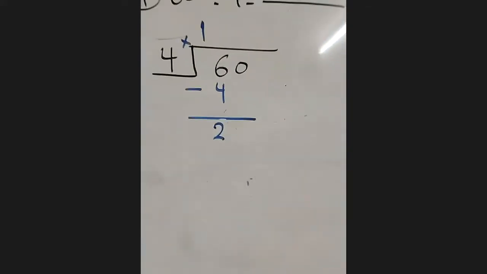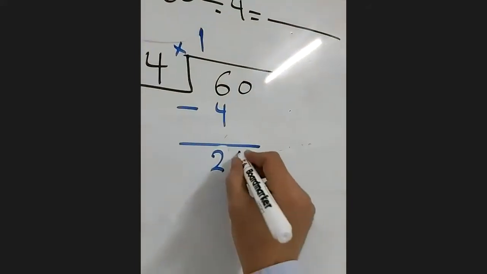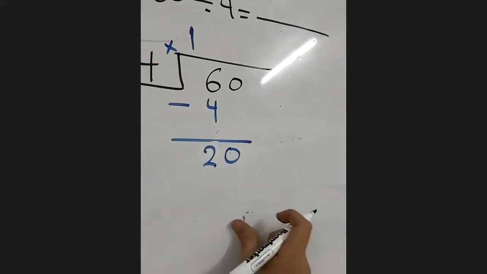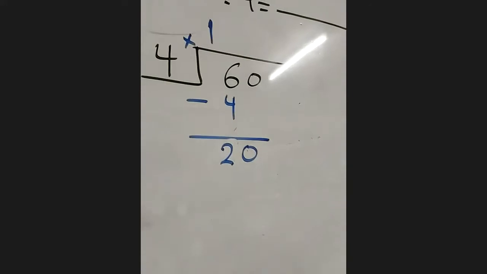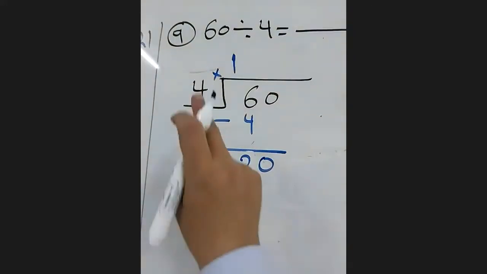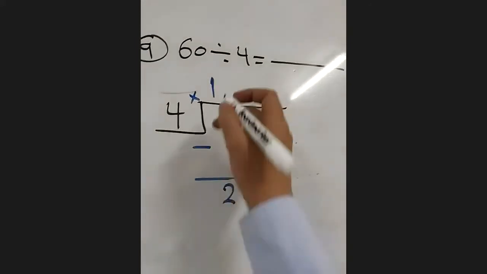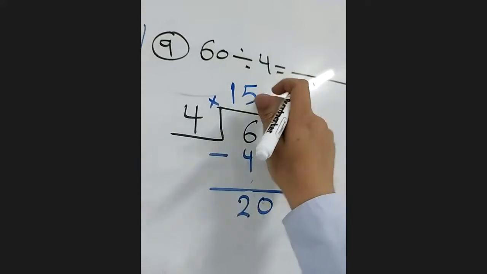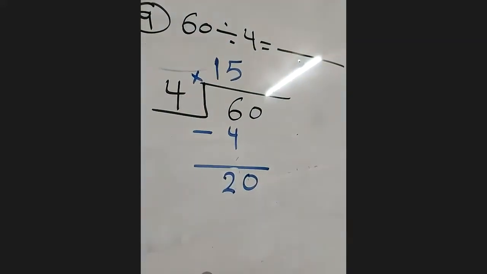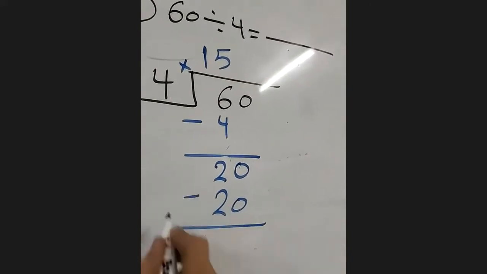Next, what do I need to do, Kinan? Bring the 0 down. Now, what's the new number we have here? 20. 20 divided by 4. Do we have 20 in the timetable of 4? Yes, 5. Now 5 multiply 4, how much? 20. Subtract.